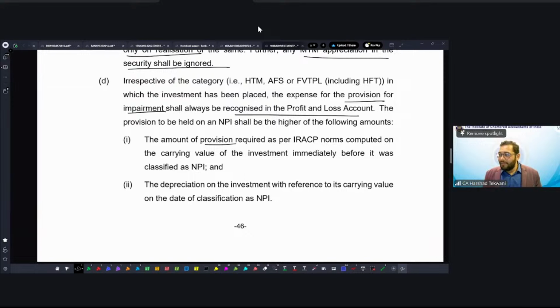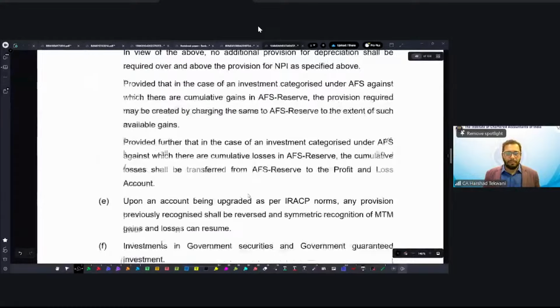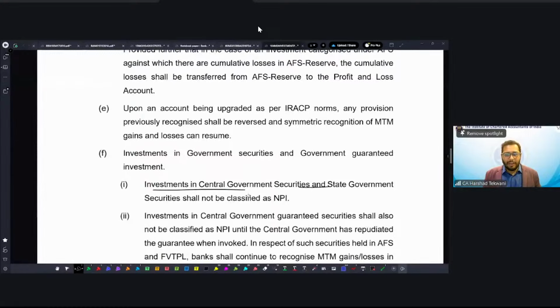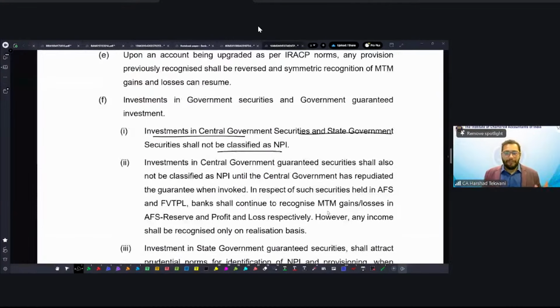Apart from that, investment in the central government and state government shall not be classified as an NPA because it is never going to be non-performing. If there is a central government guaranteed security, that also is not required to be classified as an NPA, unless the guarantee has been repudiated when invoked.